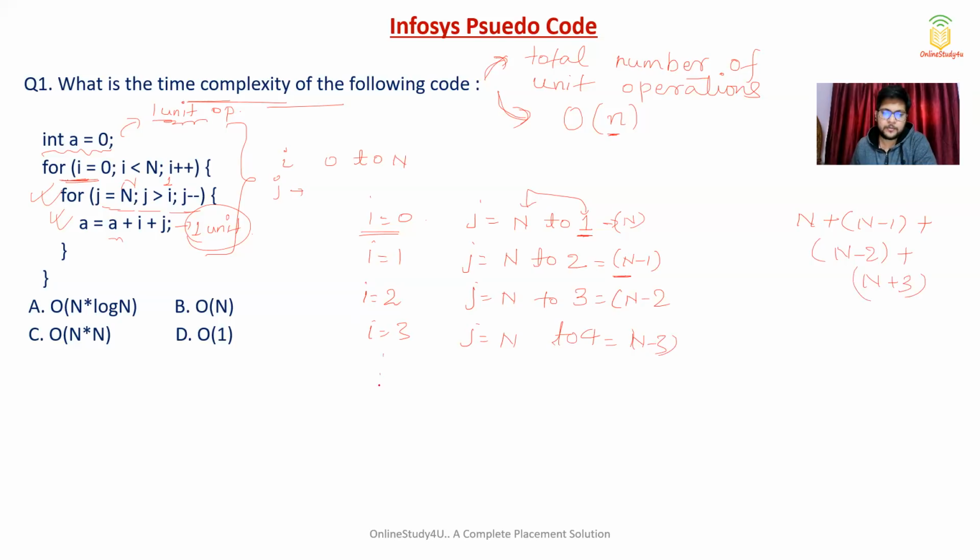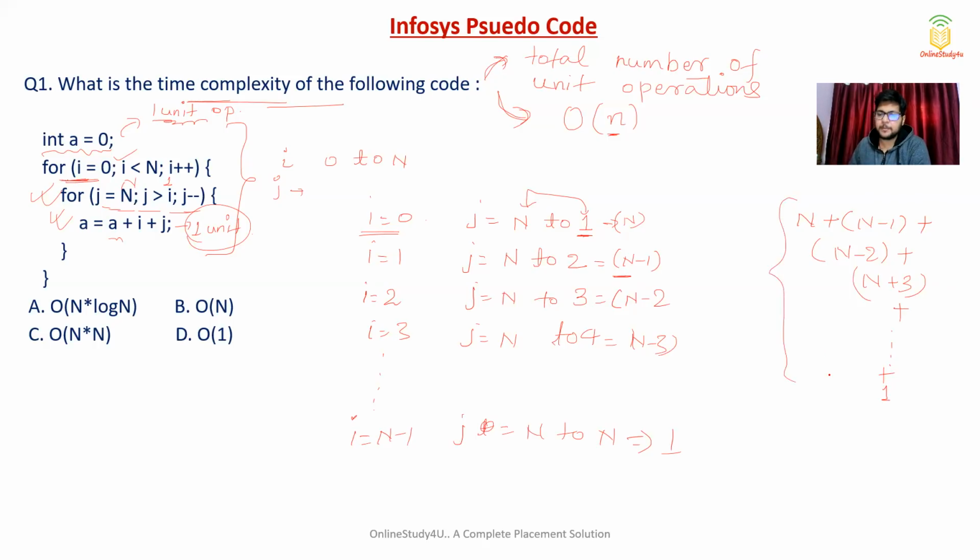What is the last iteration of I? That is I equal to n minus 1. For this, my j will run from n to n, that is 1 unit operation. So we'll keep adding, and it will go till n.